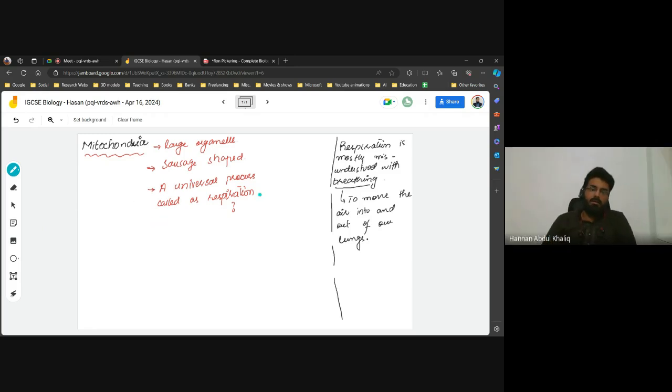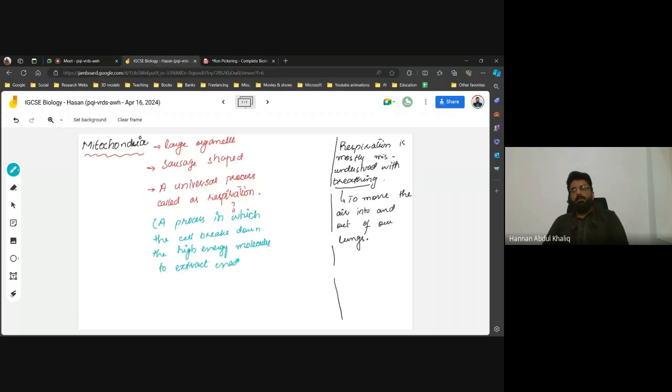Now, what is respiration? Remember, respiration is a process in which the cell breaks down high energy molecules to extract energy.